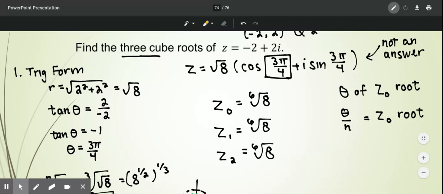So in this case, we would say 3 pi over 4 divided by 3, which is like multiplying by 1/3. So our theta is going to start at pi over 4. So for this initial root, we would say cosine pi over 4 plus i sine pi over 4.